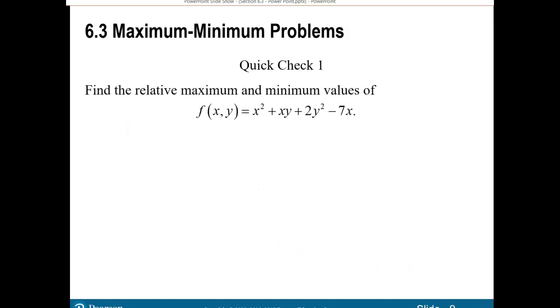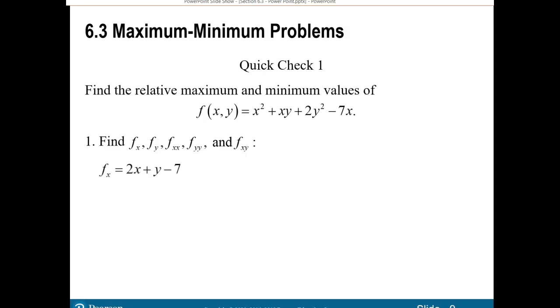All right, so here's another one similar that you could try on your own if you'd like. All right, we're going to find relative max and min of this function. So we're going to find first partial with respect to x, first partial with respect to y, second x, do x twice, y twice, and then the mixed partial xy.